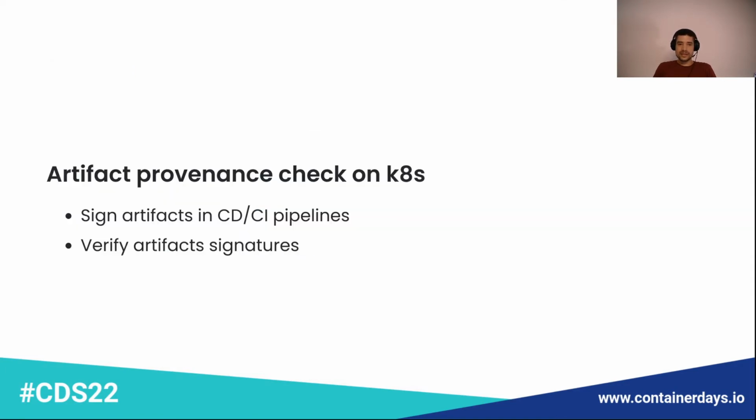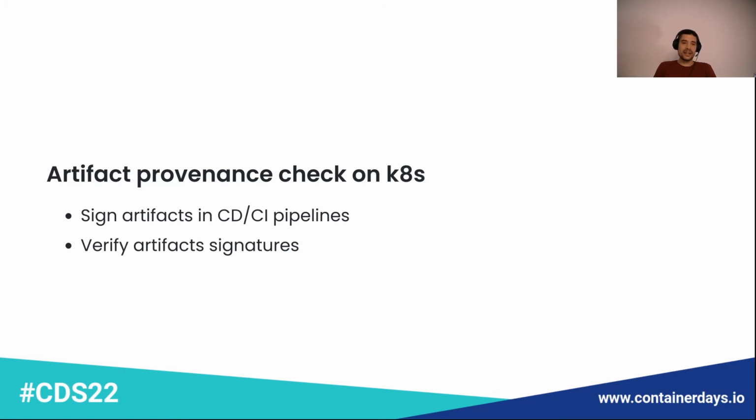Okay, so let's recap a bit. How can we make sure that the container images we created in our build pipelines are the same ones we see in our production Kubernetes cluster? First, we need to sign our artifacts or container images in our CI/CD pipelines.